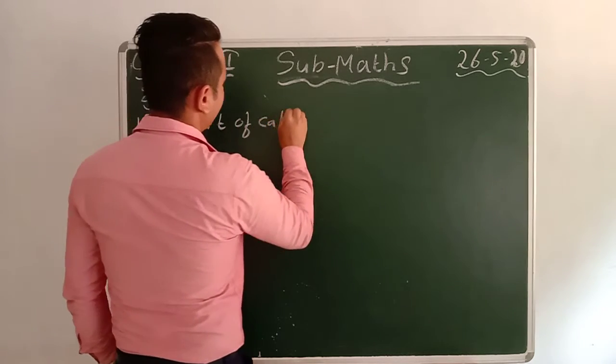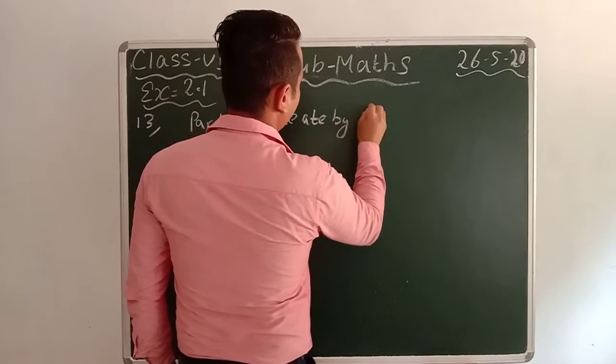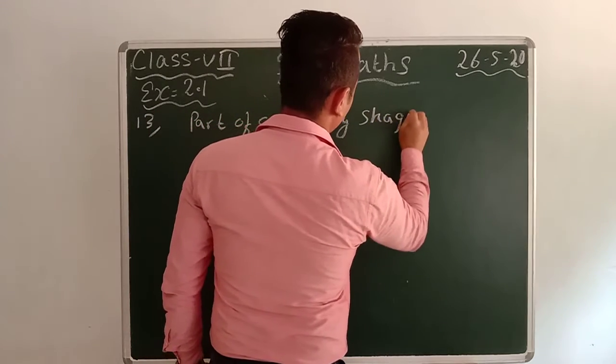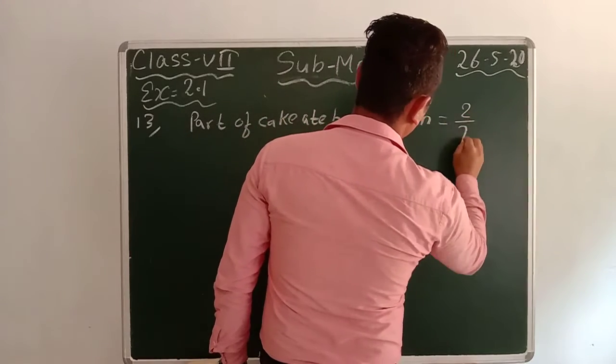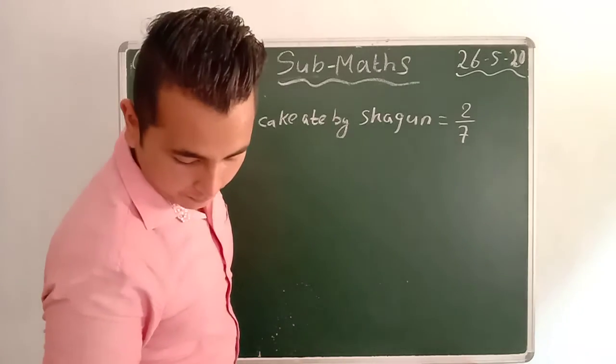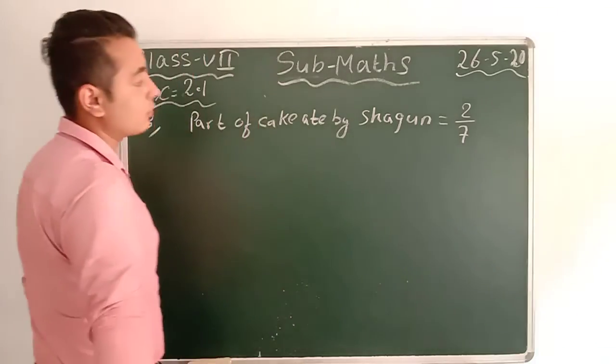Part of cake eaten by Sagun is 2 by 7, and the remaining cake was eaten by her two younger brothers.